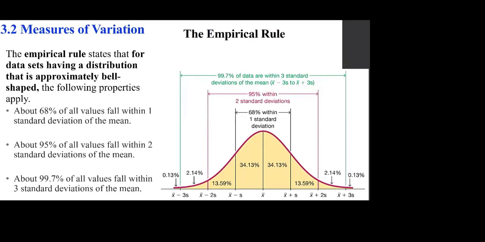Now, according to the empirical rule, when you start from the mean and go 1 standard deviation over on each side, that's 1s, or 1 sigma if it's mu. That covers about 68% of the data. 2 standard deviations, 95%; 3, almost all, 99.7%. And why is this important?